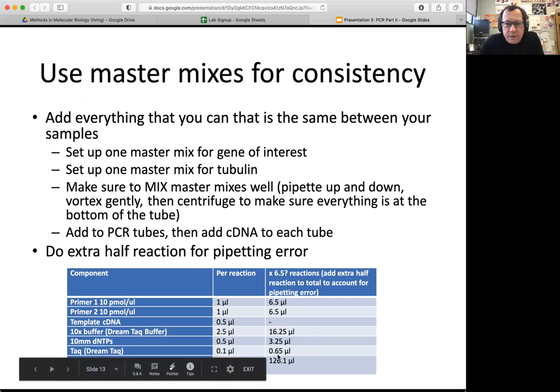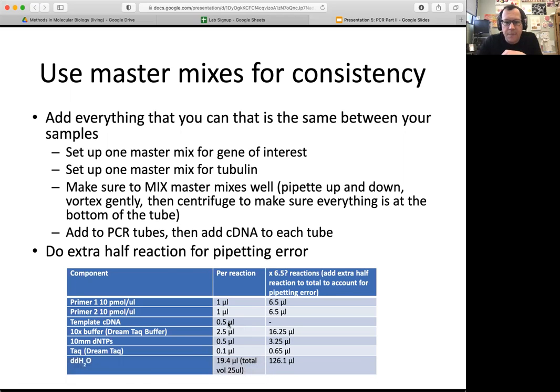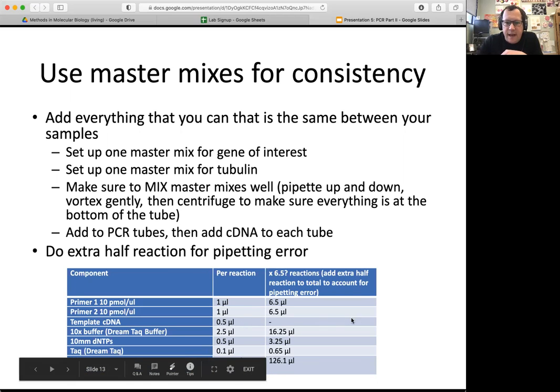You put those all into a tube, and you mix that all up real nice. Then you put whatever, if it's 24.5 microliters of this master mix, into individual PCR tubes, right? Because this is all going to be the same. And then the template cDNA, your cDNA from kidney, brain, or no cDNA, is what gets added in last to the PCR tubes.